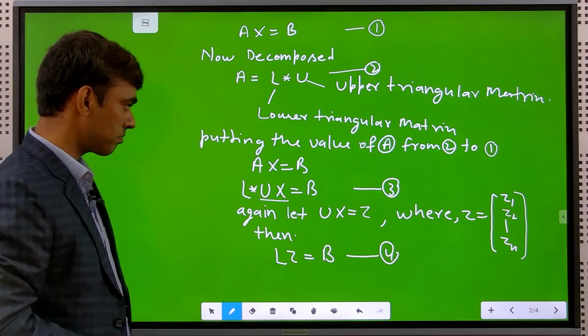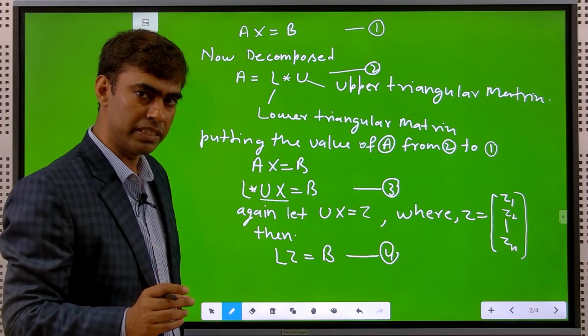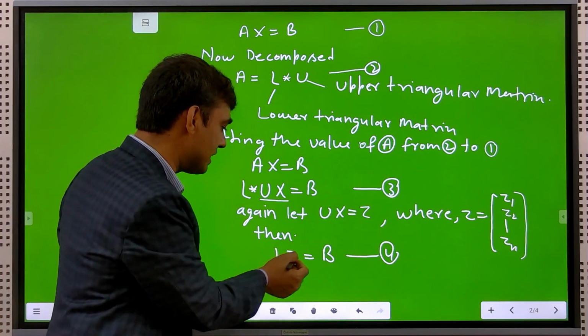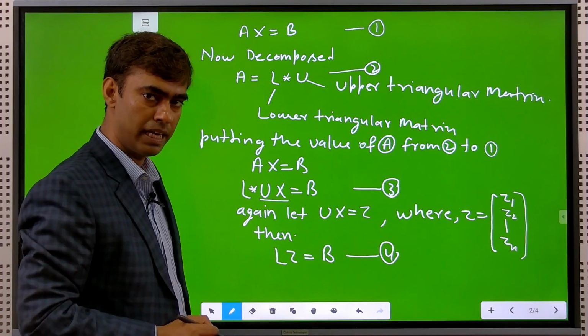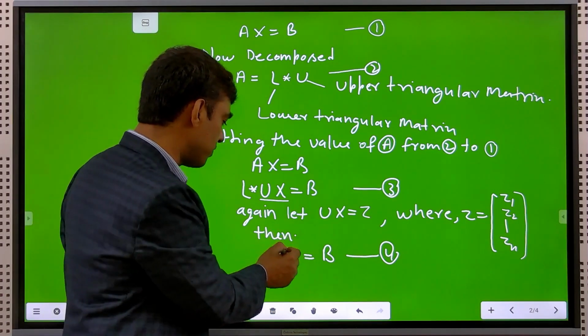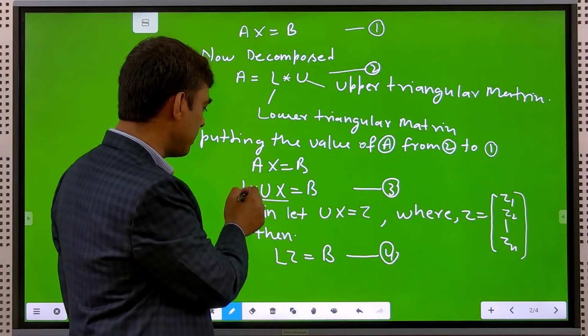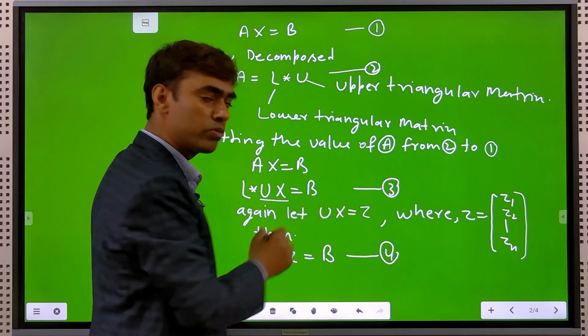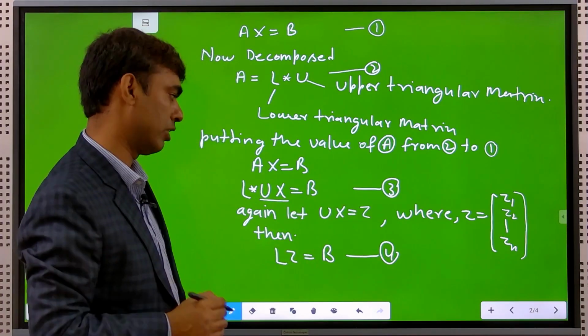So in the decomposition method, first of all we solve Lz equals B. Once we find the values of Z, then we solve Ux equals Z to find the values of the unknowns.